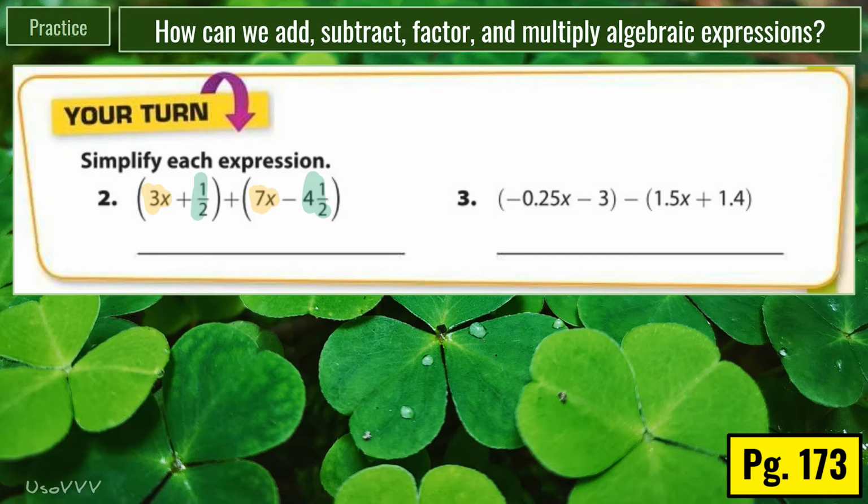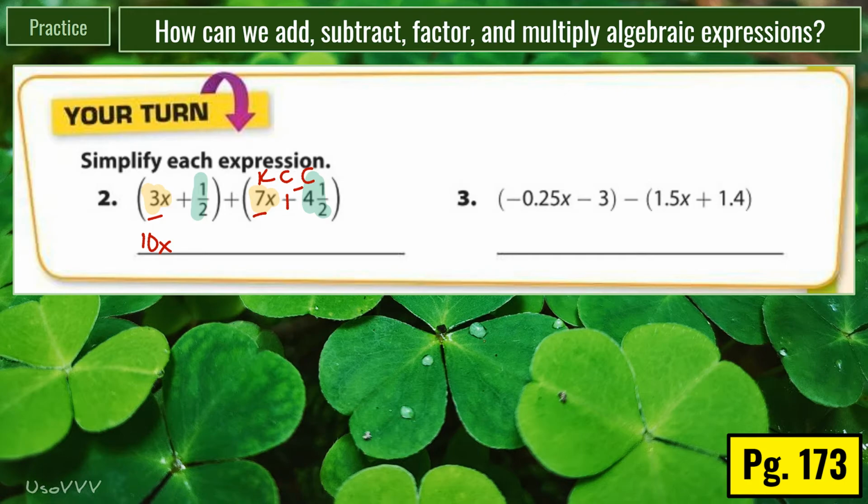We know that when it comes to subtraction, we can use keep, change, change. So I can take this subtraction and turn it into addition, so long as I turn this 4.5 into a negative 4.5. So now we can combine things. I know if I've got 3 of something and 7 of something, I've really got 10 of those somethings.